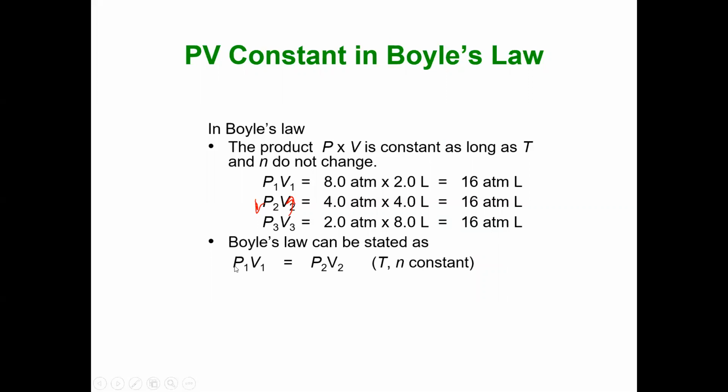Essentially, pressure times volume always equals a constant, as long as I keep temperature and the amount of gas the same. So I can set up this equation right here: P1 V1 equals P2 V2. And I can show what are referred to as initial conditions, a lot of times I, and final conditions, a lot of times F.